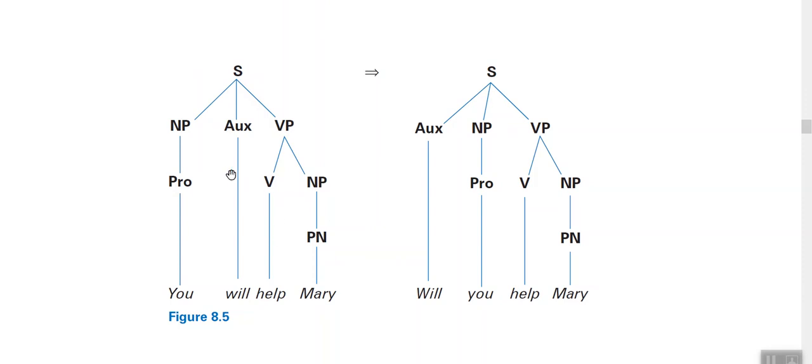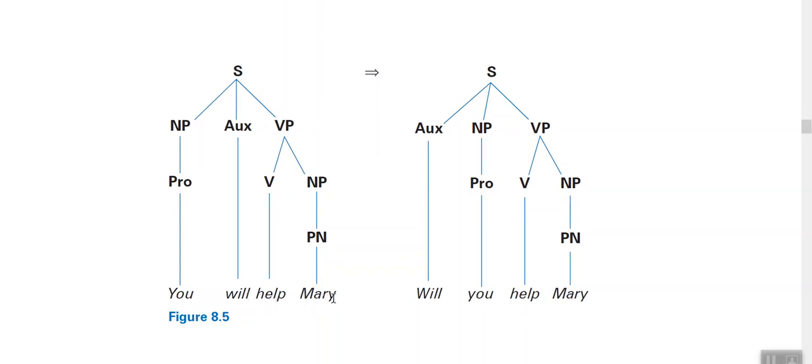We talked about this in detail. For example, sentence, noun phrase, auxiliary, verb phrase, and then verb phrase alone: verb, and noun phrase, proper noun. So you will help Mary.